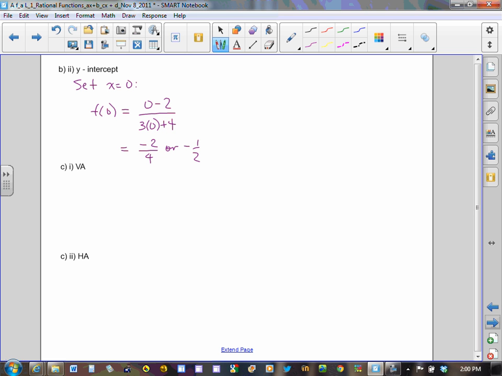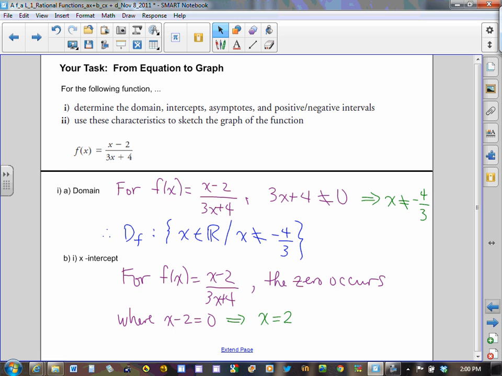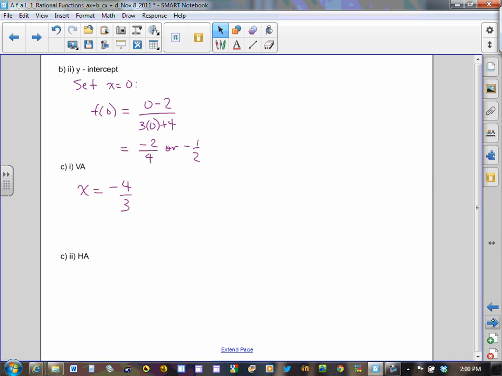The VA, we've already figured that out, right? On the previous page, we determined that the VA is x = -4/3. I'm just going to double check the sign on that answer. Yeah, that's exactly what we wrote down.